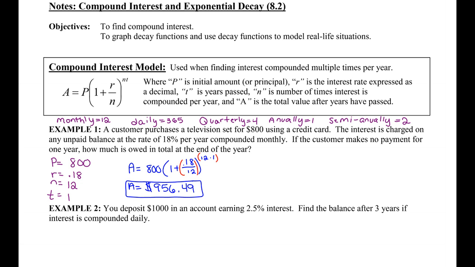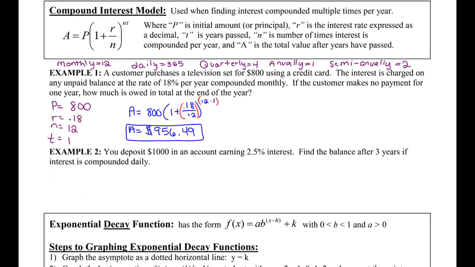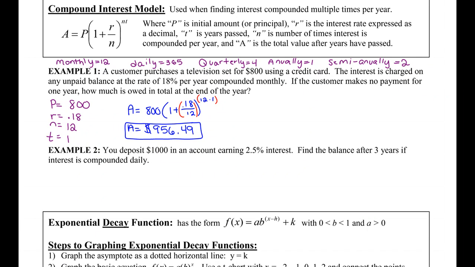Next, we're going to look at example number 2. We're going to start the same way, identifying the variables in the equation. You deposit $1,000 in an account earning 2.5% interest. So as a decimal, this is 0.025. Find the balance after 3 years if the interest is compounded daily.